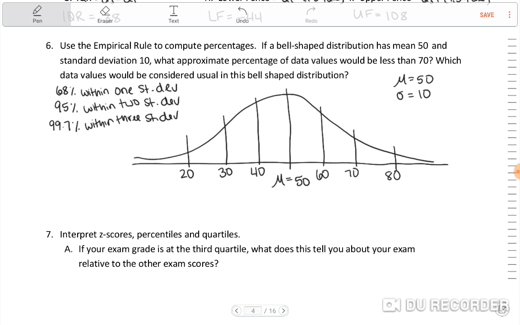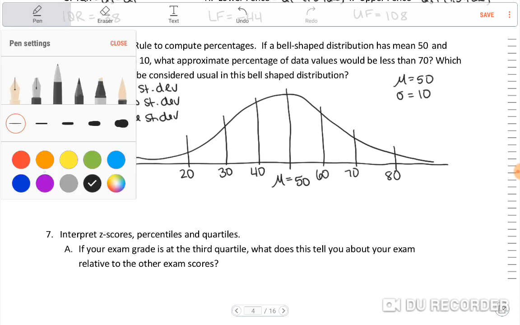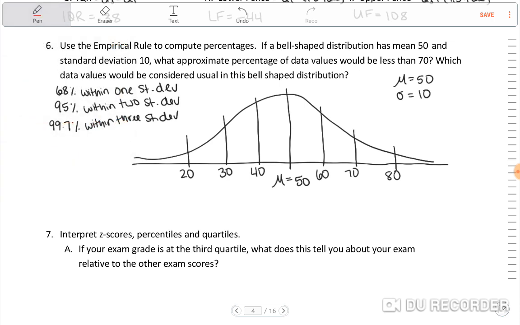So 1 standard deviation is from here to here. This is 68% of your data, between 40 and 60.